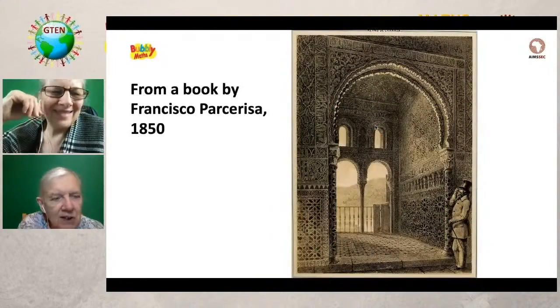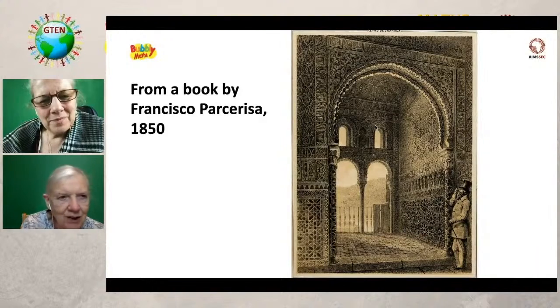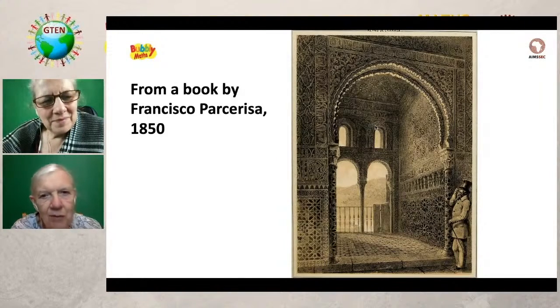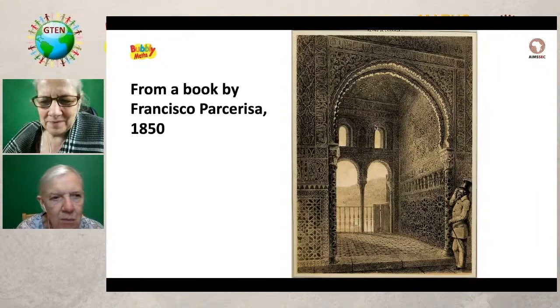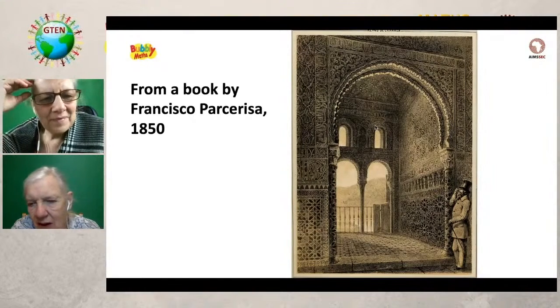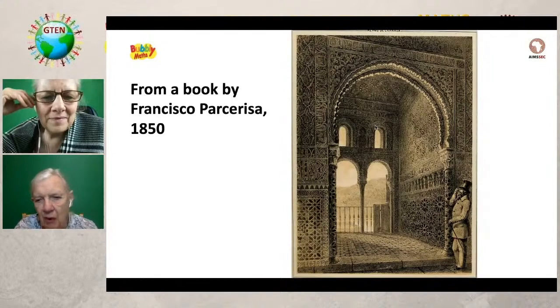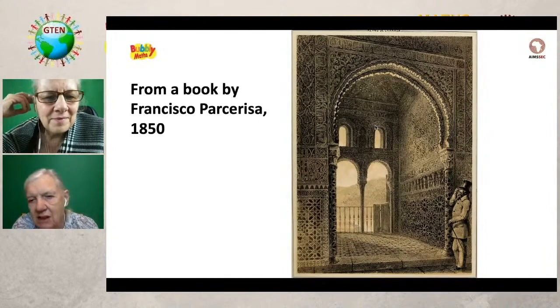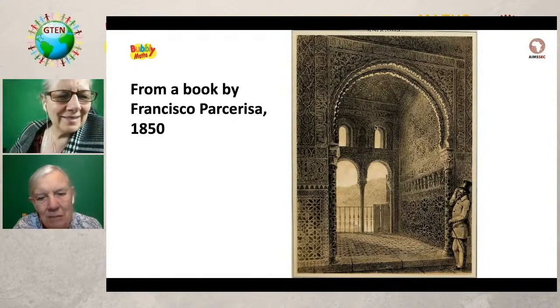Now here is a travel story from a 19th century traveller who visited Alhambra. A picture there from his book, and I don't know whether it was a self-portrait or he just drew a tourist in his top hat and long coat from the 1850 period.